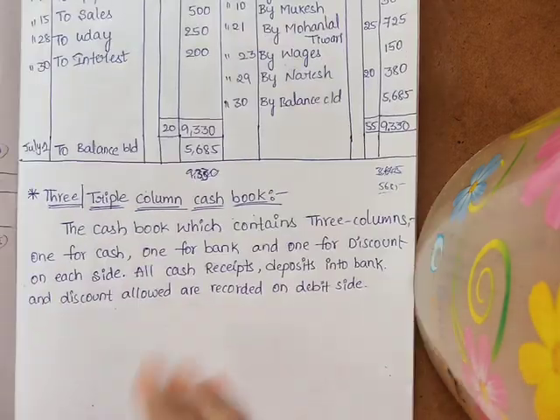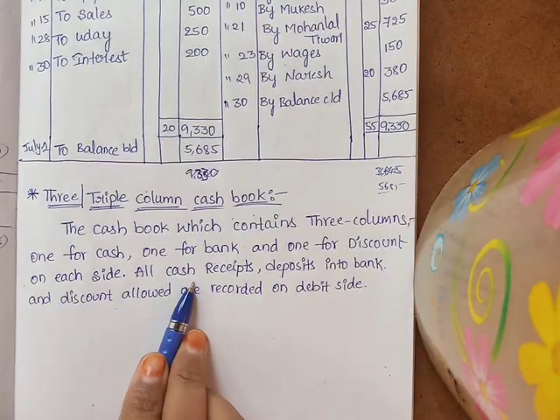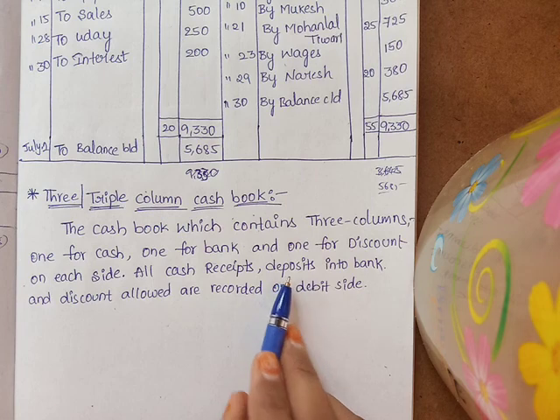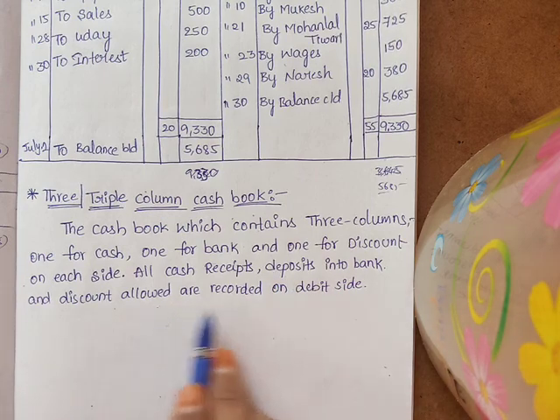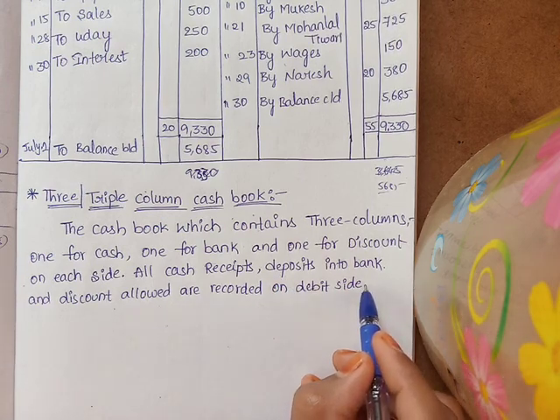Okay, all cash receipts, deposits into the bank and discount allowed are recorded on the debit side.